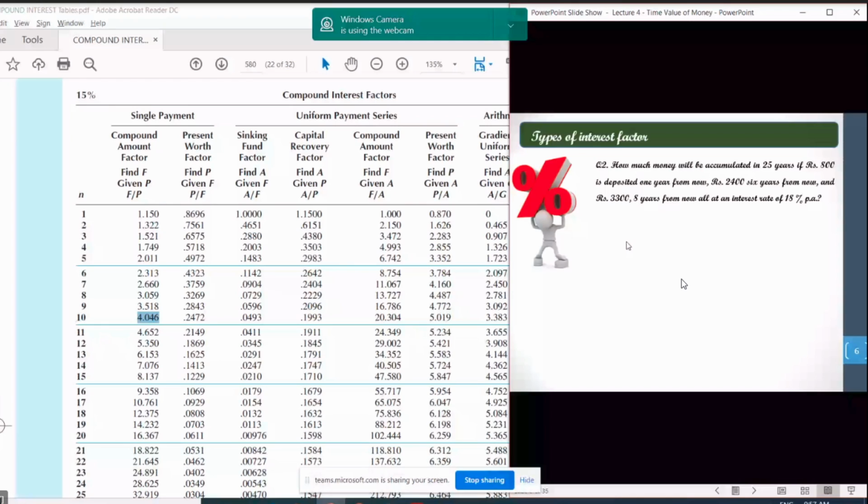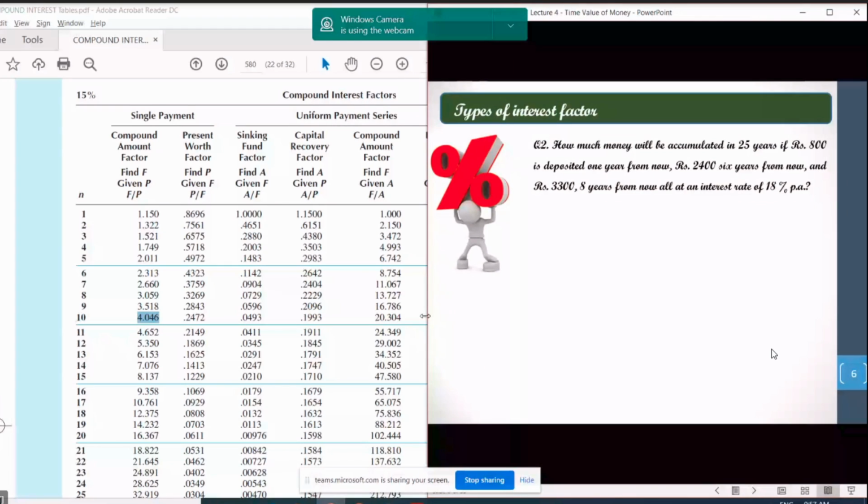Students, can you see the question? Whether the font size is small? Okay.